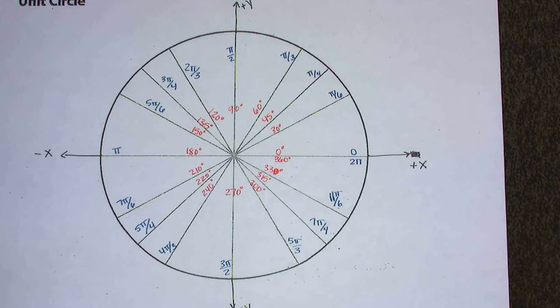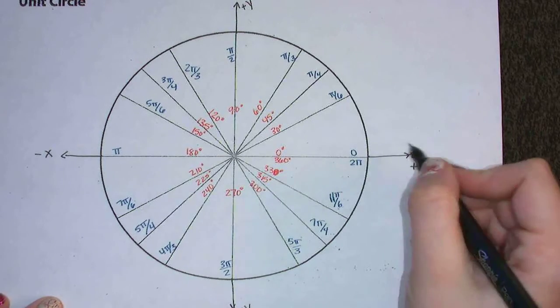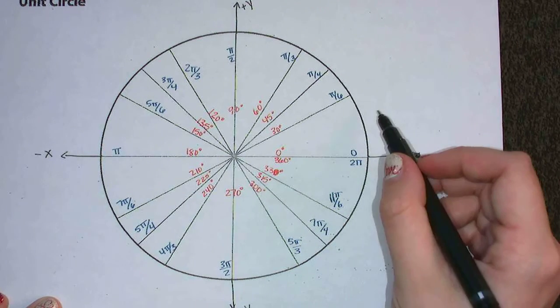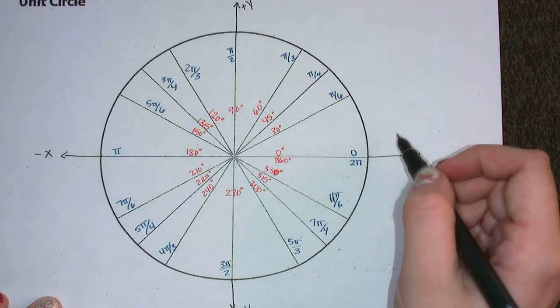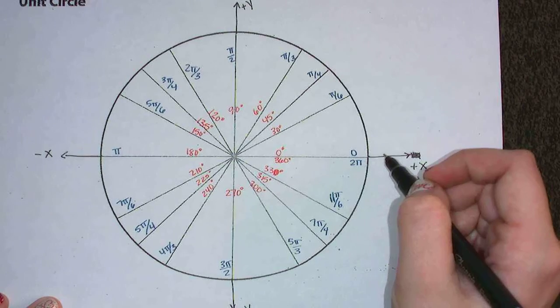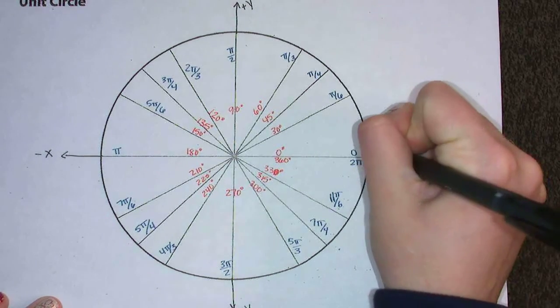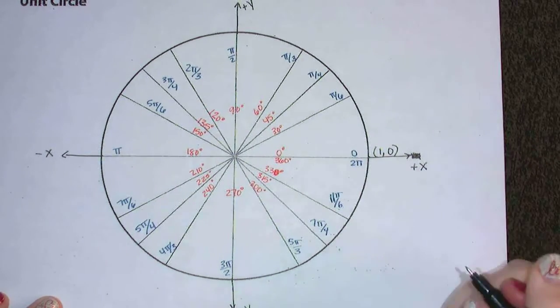With the unit circle, what is the radius of it? 1. Okay, so I'm going to go through with the same color that I drew the axis lines with and write in the coordinates of the points. Out here, x is 1, y is 0, so we have the point (1, 0).